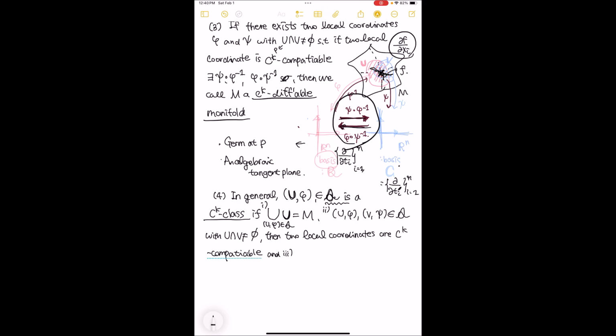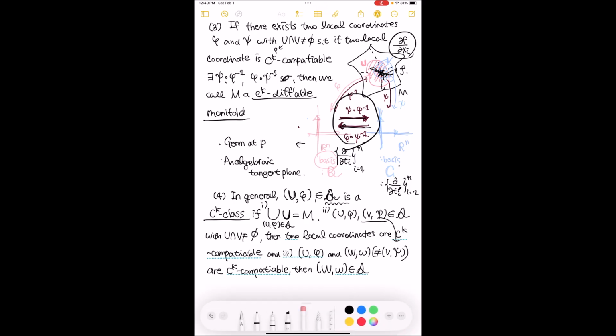And third, if a third pair is C^k compatible with those, then that pair is also in A. That is a C^k class atlas. That is the definition of a C^k atlas.